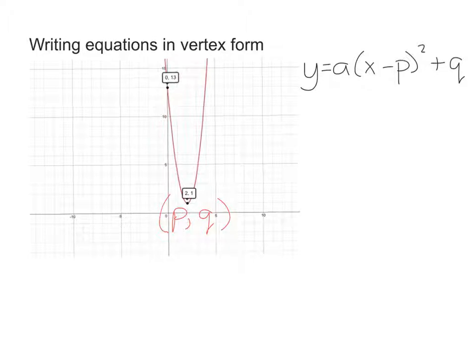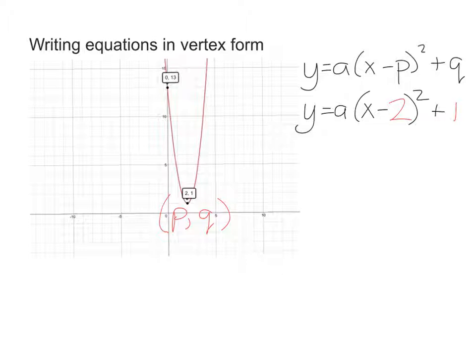We can fill those into the equation. So I'll go y equals a(x minus 2) squared plus 1.